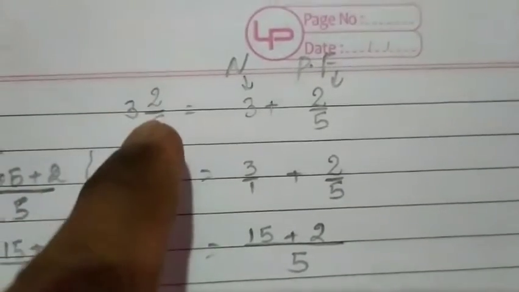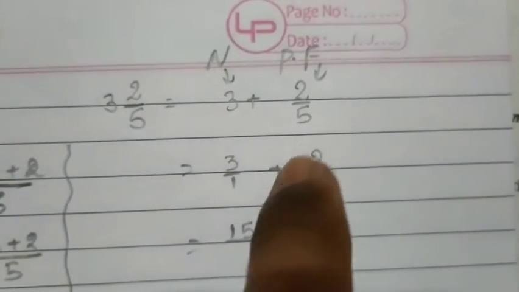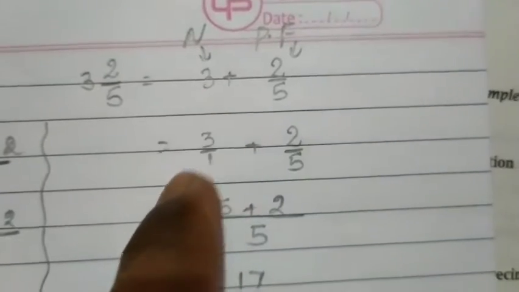So this is the summation of 3 and 2/5. When we solve it out, we know that there is always 1 in the denominator of every natural number or whole number. So when we solve it out, we get 17/5. So 17/5 has been written in the form of 3 2/5.